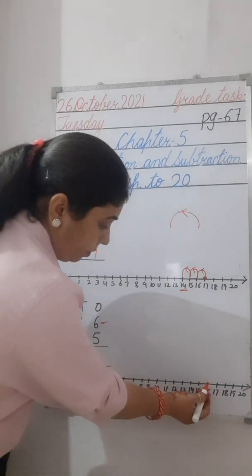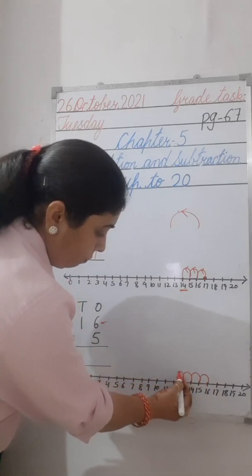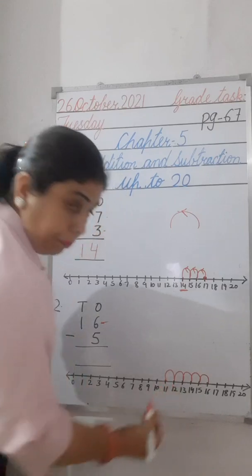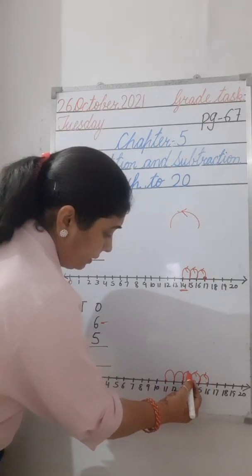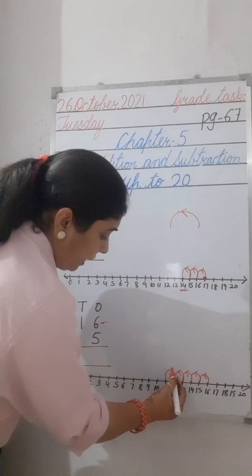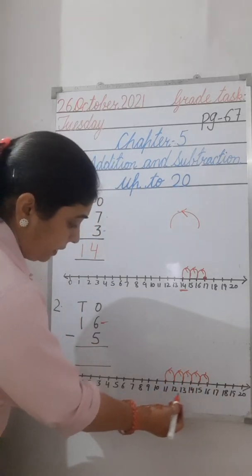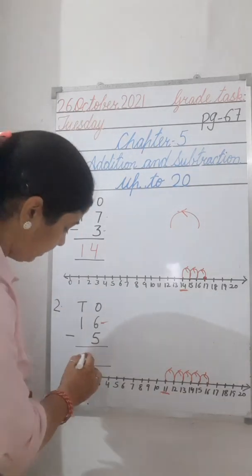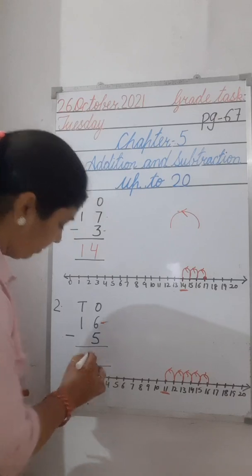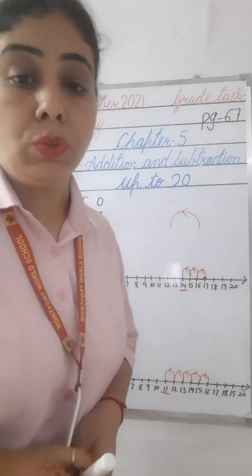So 1, 2, 3, 4, 5. Okay, and put arrow also like this to show that we are counting backward. Now after taking 5 steps back, I am on which number? 11. So answer is 11. Okay, like this you will do all sums in your notebook.